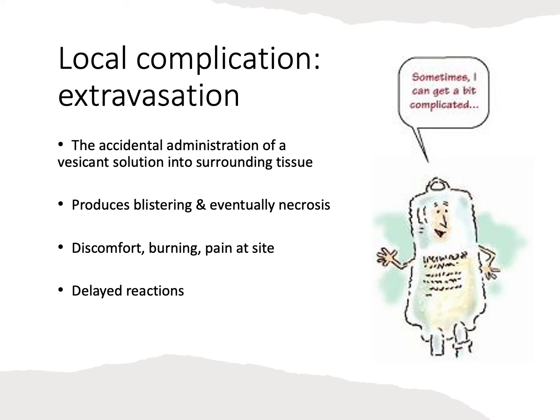It may not happen right away. The biggest and first symptom is the patient telling you they're having burning or stinging at the site of administration. Patients who cannot communicate, like newborns or cognitively impaired, are the most at risk for an extravasation.